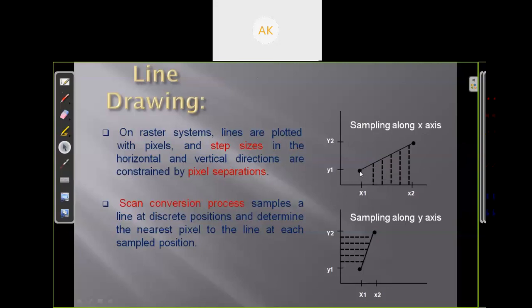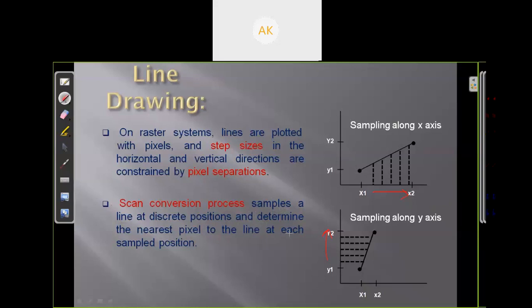There are two points, x1, y1 and x2, y2. You are plotting this line. You are moving or stepping in one direction, this direction or this direction, and calculating the other axis. The scan conversion process samples a line at discrete positions and determines the nearest pixel to the line at each sampling position.